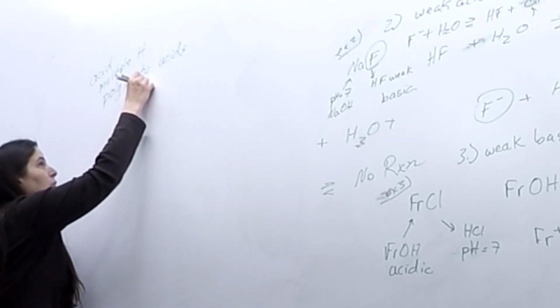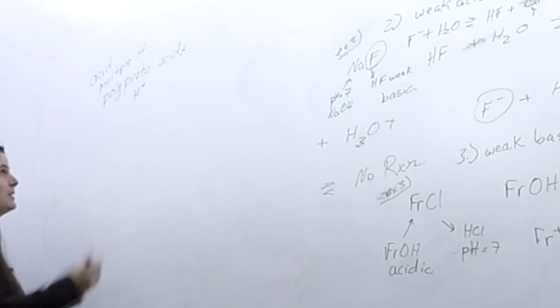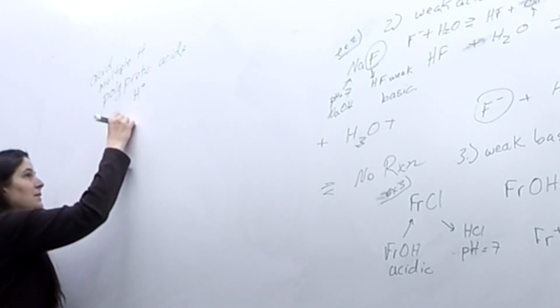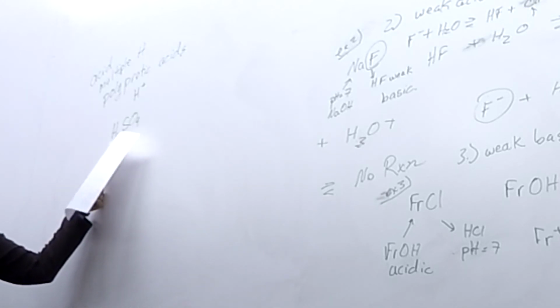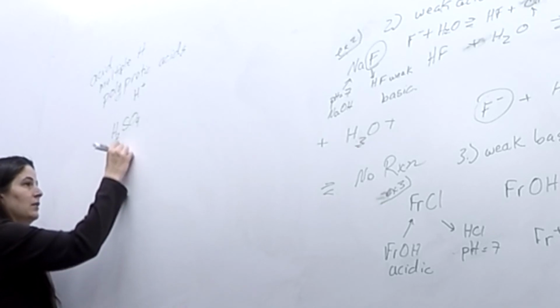Polyprotic means that there are multiple H's, or H pluses. So something like H2SO4, sulfuric acid, one of our strong acids, is a diprotic. Di if there's two, tri if there's three, and that'd be a tri. But they're all polyprotics.